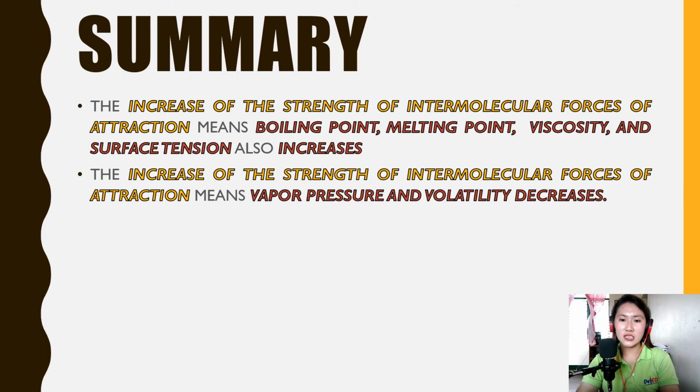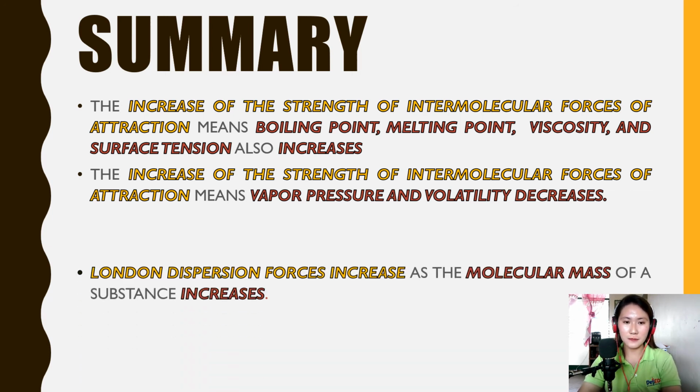The increase of the strength of intermolecular forces of attraction means vapor pressure and volatility decrease. So, in other words, pag malakas daw yung strength of intermolecular forces of attraction, ibig sabihin yung kanyang vapor pressure and volatility is mababa. Okay?